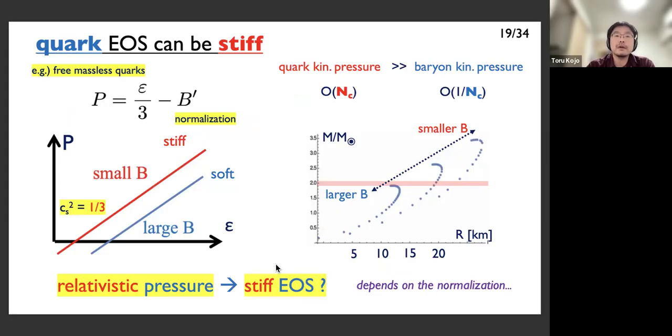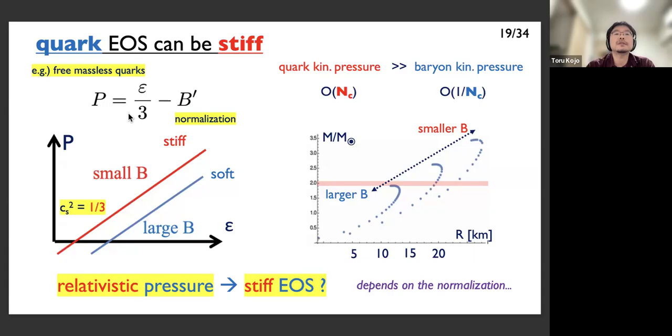Usually when we discuss quark matter equation of state, it is often discussed in the context of a soft equation of state because it is usually combined into a hybrid equation of state with first order phase transition. But in general, the quark equation of state has more ability to generate a stiff equation of state. That's the first thing I want to emphasize.